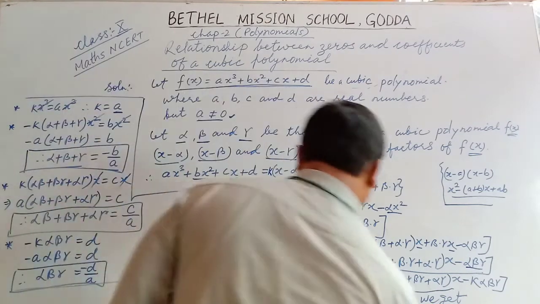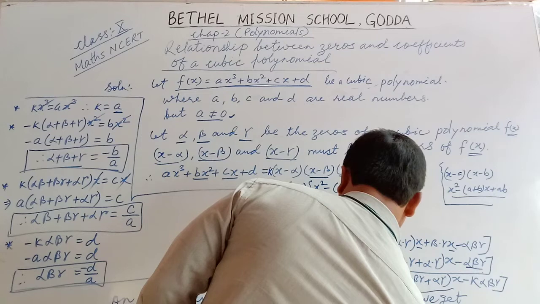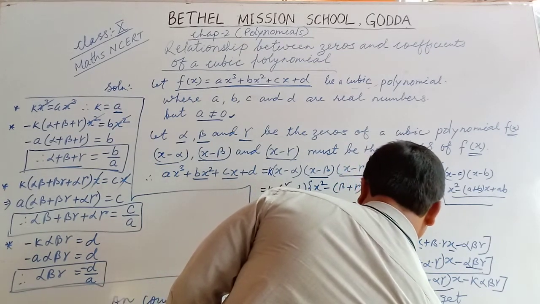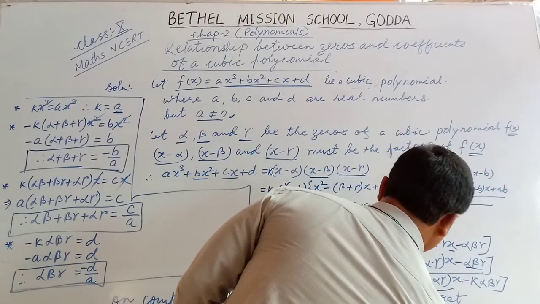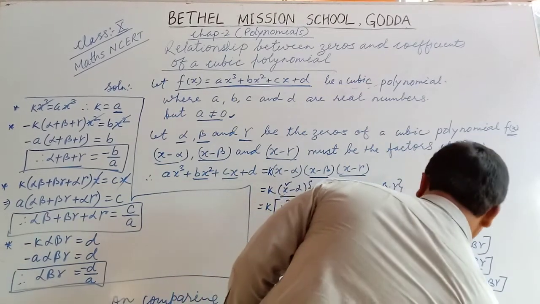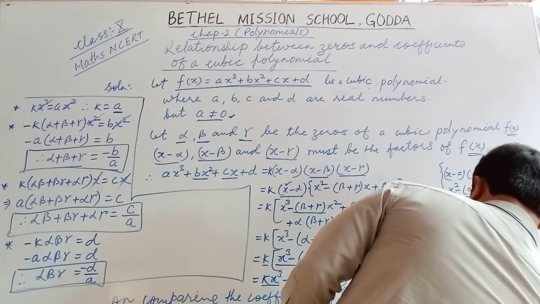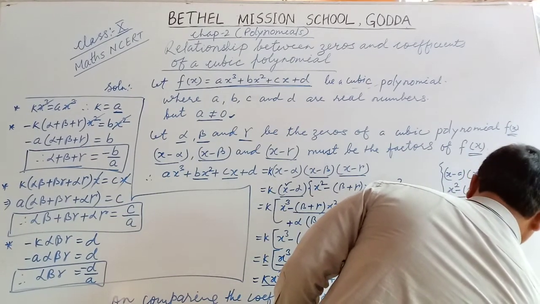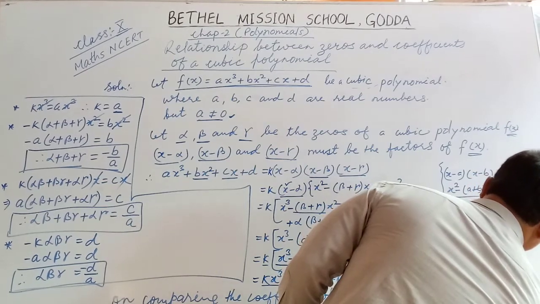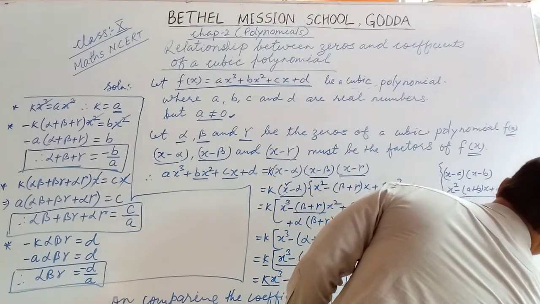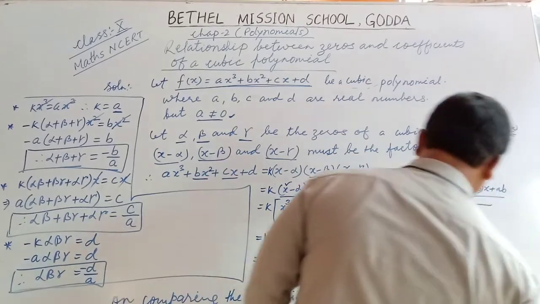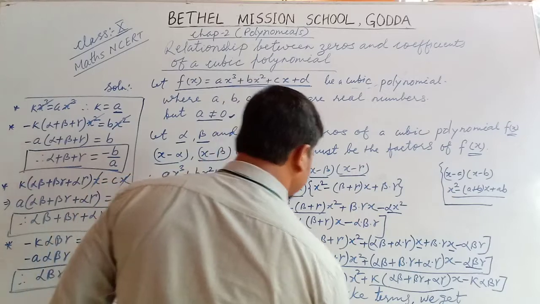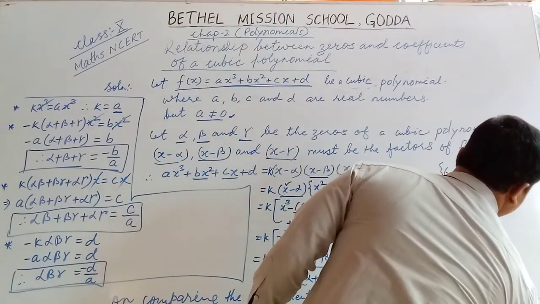That will be x cube minus alpha plus beta plus gamma x square plus alpha beta plus beta gamma plus alpha gamma into x minus alpha beta gamma. This is the formation of cubic polynomial.